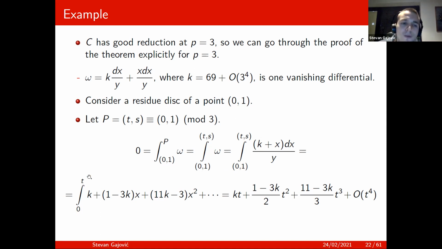The integral will depend only on the x coordinates in this case, because it's a uniformizer. And when we compute it, we get some power series in T. So we get that 0 is equal to some power series in T, and we want to estimate the number of zeros in T. And that's what Coleman did in the proof of the theorem.